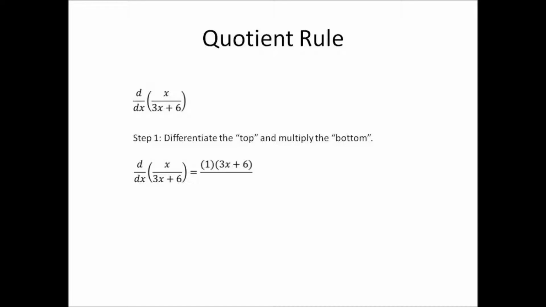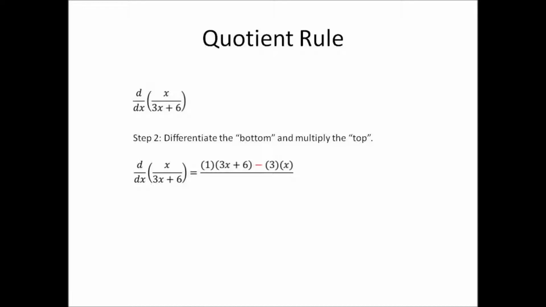Step 2. We have to differentiate the bottom and multiply the top. But remember, before we do that, we have to use a minus sign. It's already highlighted in red, and you have to be careful of this.